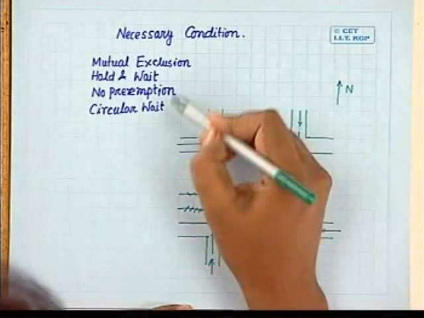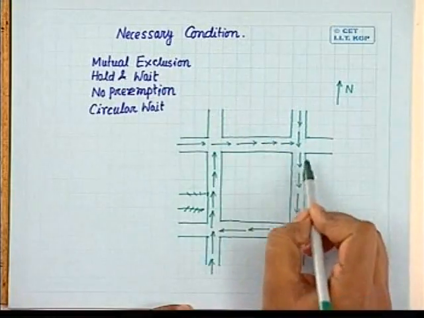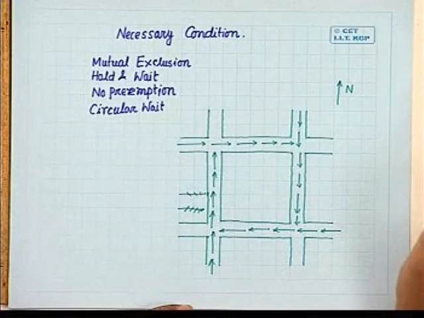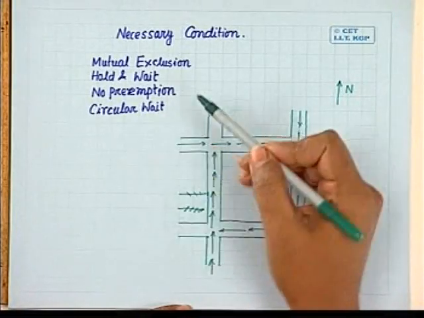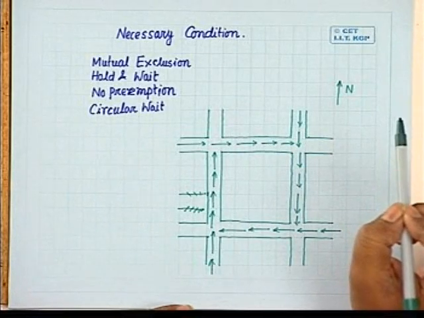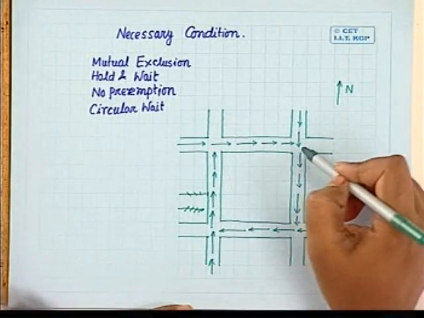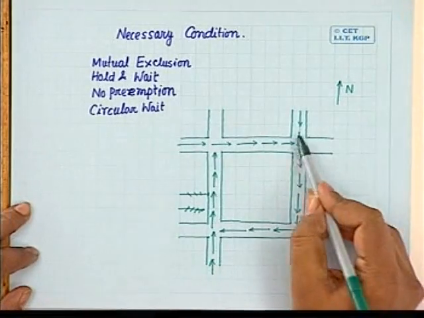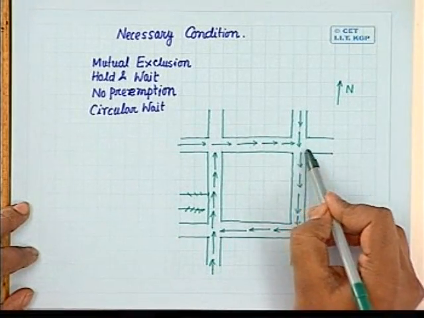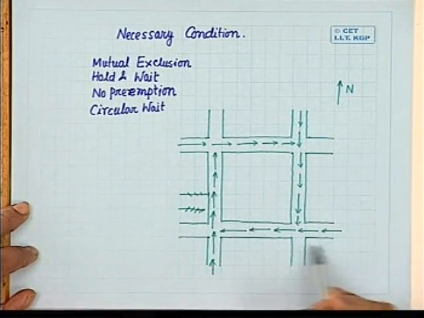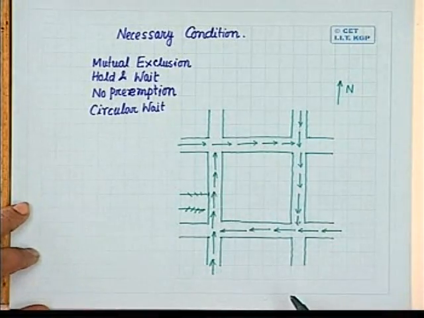Now let us see whether all these four conditions exist in this particular case or not. And if I can remove any of these conditions, whether we are able to avoid the deadlock. So here you find that our basic assumption is each of these junctions, because here the resources are the junctions which the traffic in different directions will utilize.